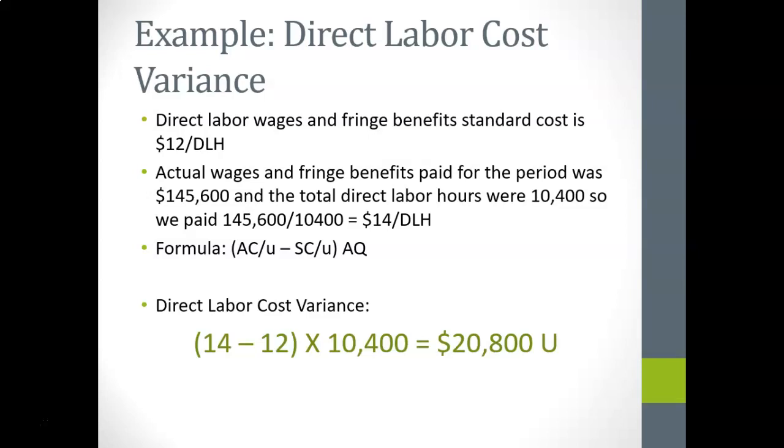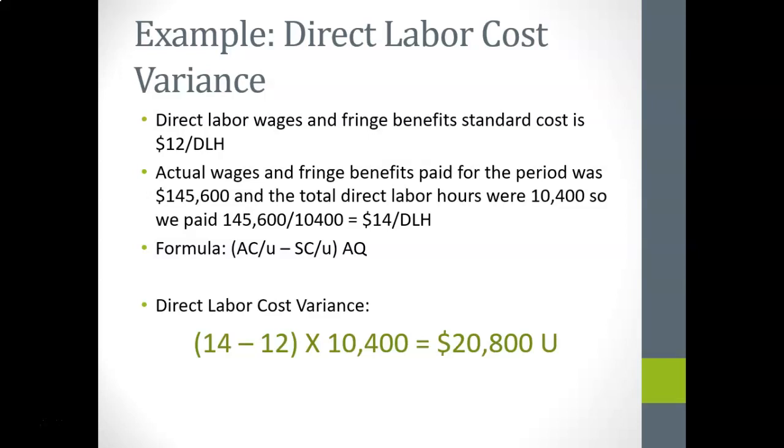And our formula is AC minus SC, and that difference times AQ. Okay, so now we have everything we need, and we actually plug it in. Our actual cost per hour is $14 per hour. We subtract our standard cost per hour, the $12 per hour, and that difference, which is $2 an hour, times the actual quantity of hours that we used, which is 10,400.